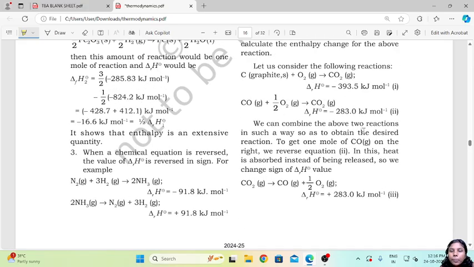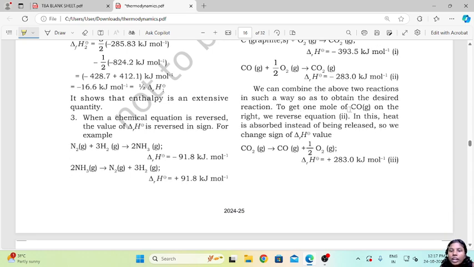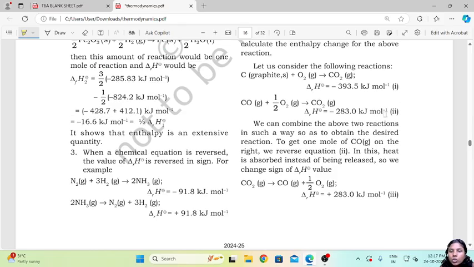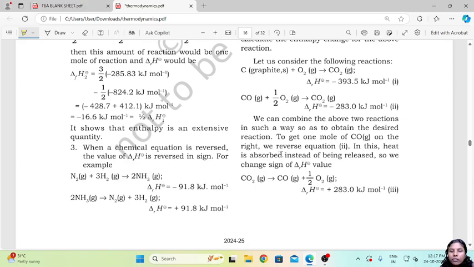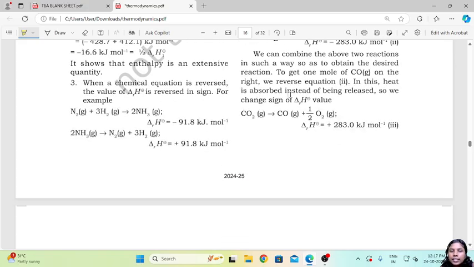Now we have to combine both the reactions in such a way as to obtain the desired reaction, one which involves both the things that we need. To get 1 mole of CO on the right, we reverse the equation. When reversed, heat is absorbed instead of being released, so the sign changes for the delta RH value.